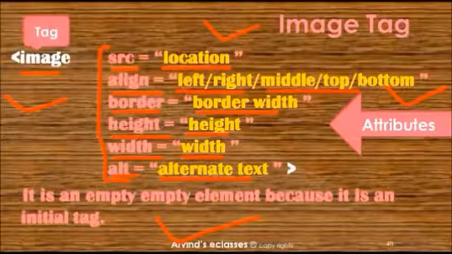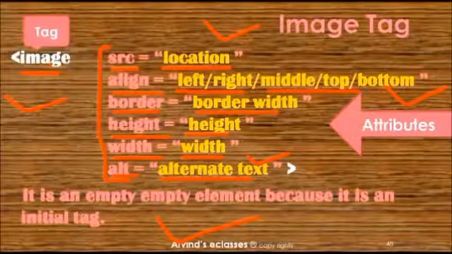Sometimes our picture is not able to display on a web page. In that case, this text would appear in place of the picture, so it is called the alternative text of your image. And one important thing, the image tag is an empty tag because it has only an initial tag, no closing tag.